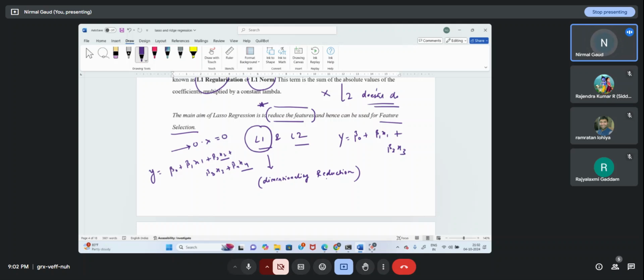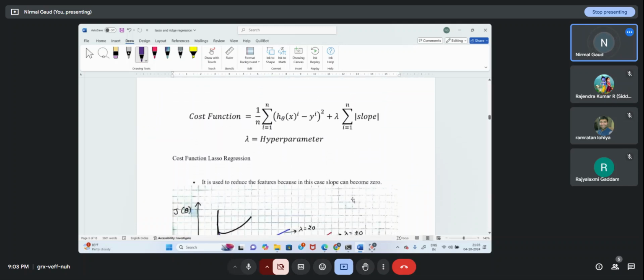Ridge never removes features. It prevents overfitting. L1 also prevents overfitting, but it is extra. It is a feature selection technique also, a dimensionality reduction that can reduce the features while preventing overfitting. But ridge doesn't do that. Ridge prevents overfitting and reduces the impact of features which are causing overfitting, but it keeps them in the equation. It never drops them.